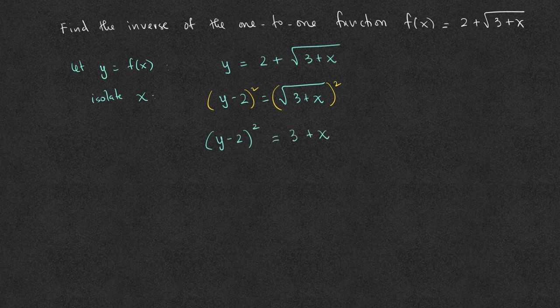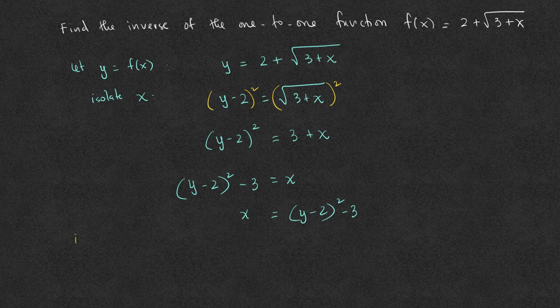But remember that every time we square something, we have to pay attention to the domain later on. The last step is to isolate x, so x equals y minus 2 squared minus 3. Rewriting it, we have x equals y minus 2 squared minus 3.